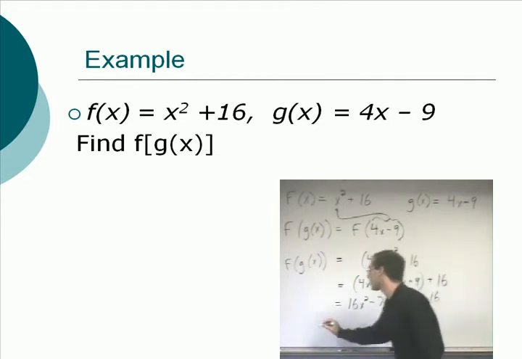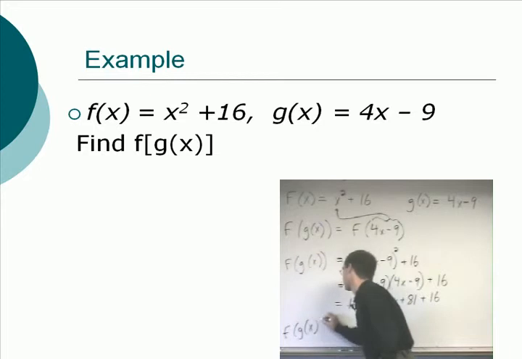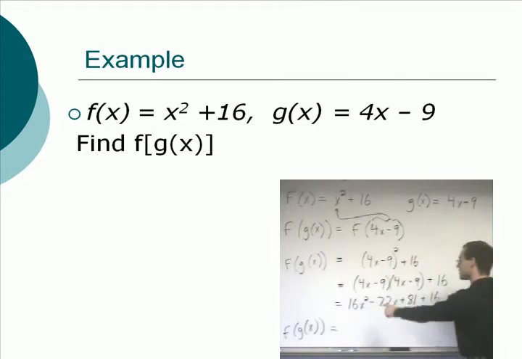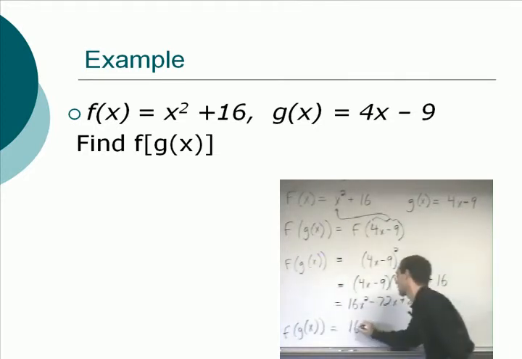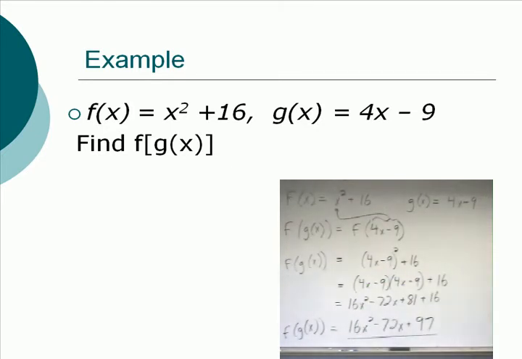And so then we can conclude that our composite function equals 16x squared minus 72x plus 97. And we're done. That's the new function we formed by plugging one into another.